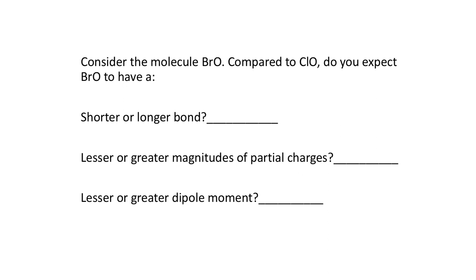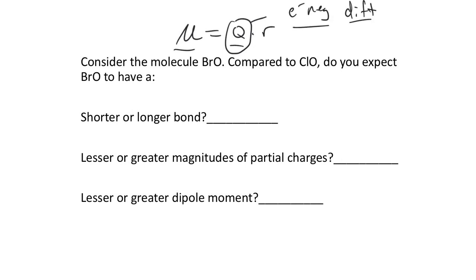So what I want to think about on this problem is that dipole moment is Q times R. I want to think for a minute about what really impacts dipole moment and polarity. The Q value is really related to electronegativity differences. The greater the difference in electronegativity leads to higher magnitudes of partial negative and partial positive charges being distributed across the molecule.